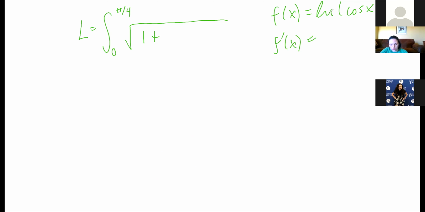So we really just need f prime. The derivative of natural log is 1 over the inside times the derivative of the inside. So this is negative tan. You would plug that in here, squared. So now the question is, do we have an identity for 1 plus tan squared? Secant squared x. Right?